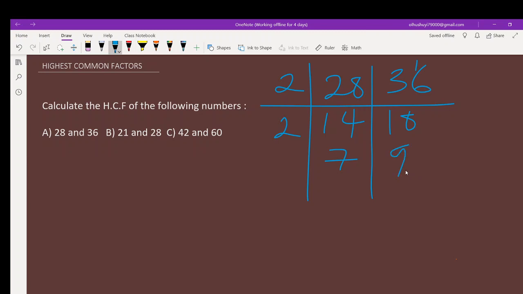What factor will divide these two numbers? What number will divide 7 and at the same time divide 9? Obviously, no other number except one, which we are not using here because it doesn't change anything. So stop there. So the H.C.F is 2 times 2, and that becomes 4. Is that clear? Good. We go again.